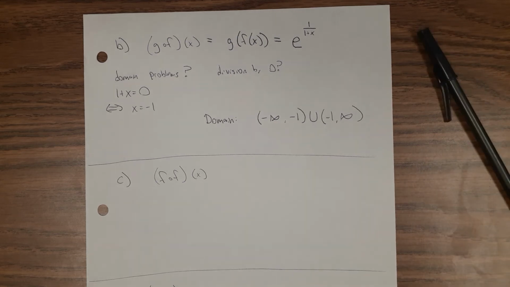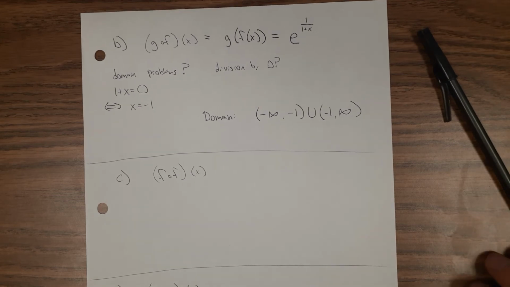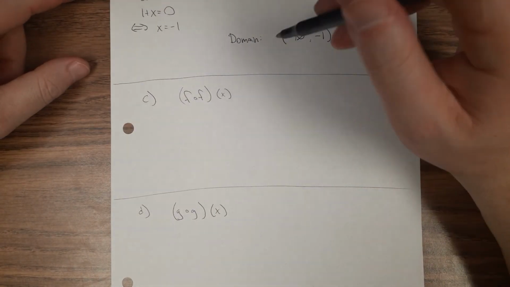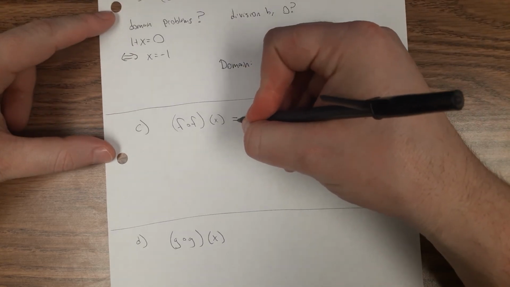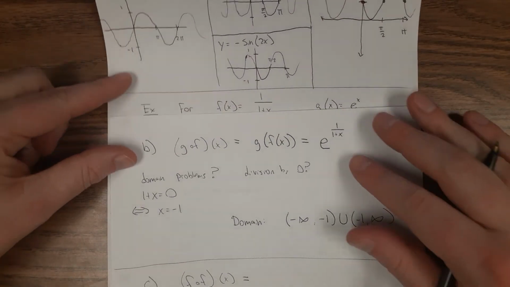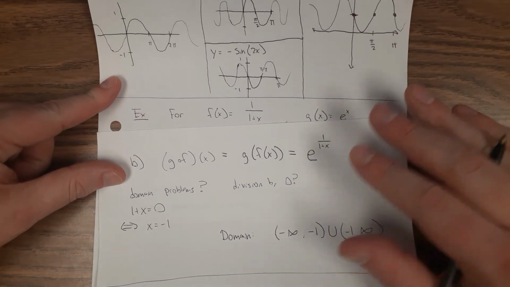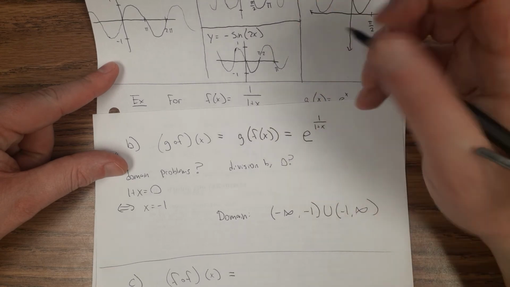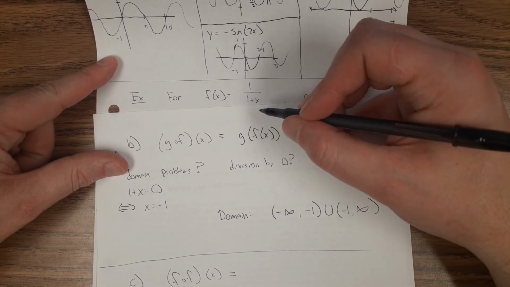Okay, let's do a couple more. So let's do f of f. So once again, this was f. And remember, I'm about to do f of f.